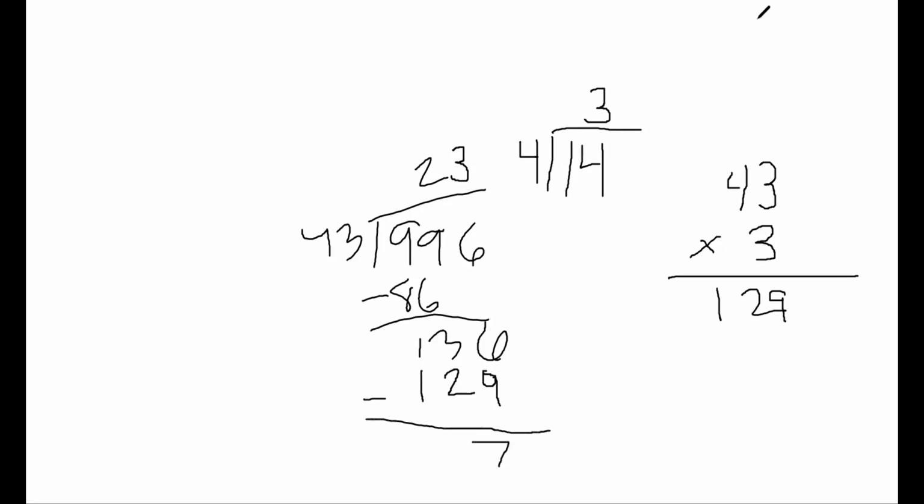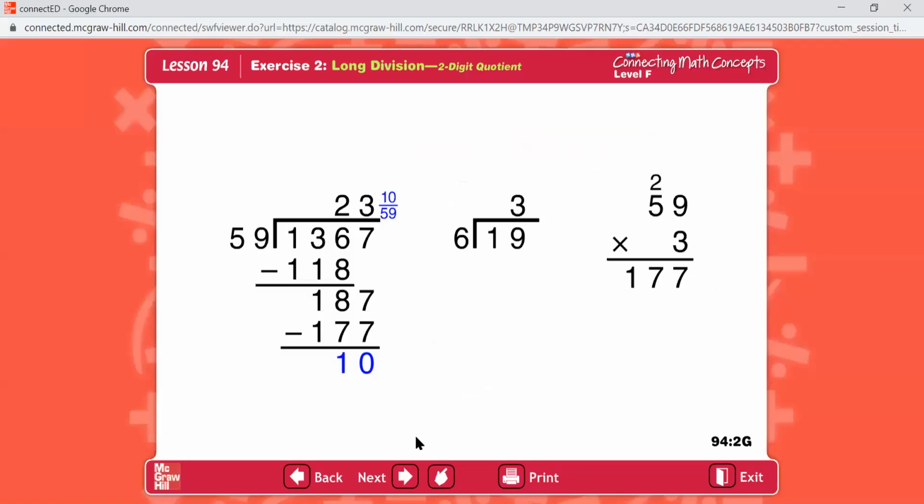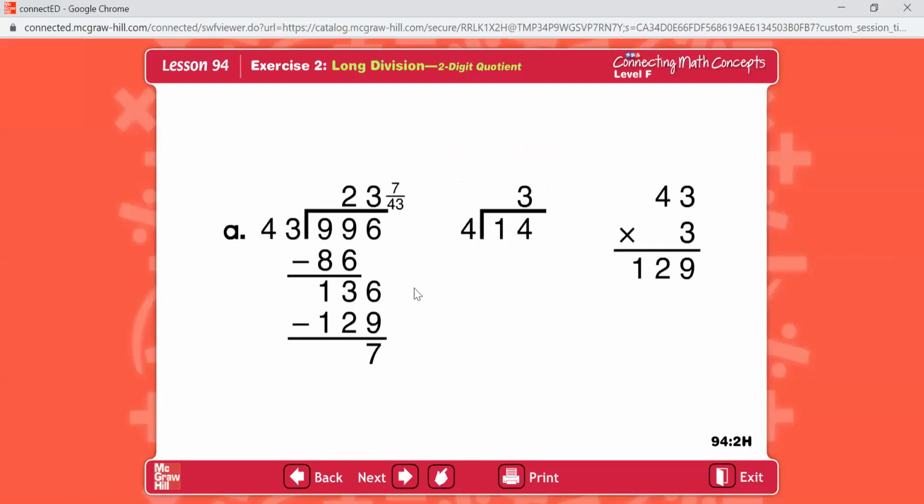So let's pause. So let's check our answer. Our answer, correct, 23 and 7/43. 7 is our remainder, going over our denominator, which is always the number we divide by.